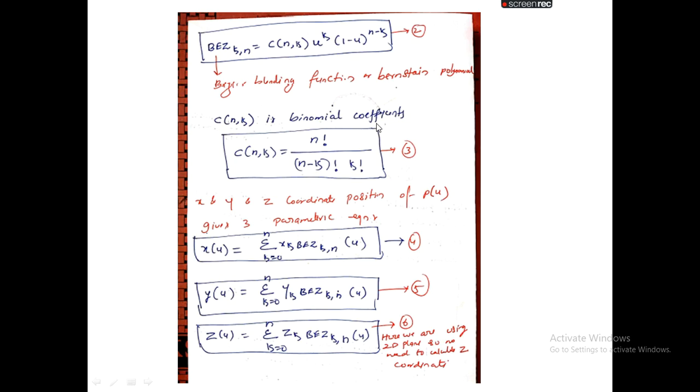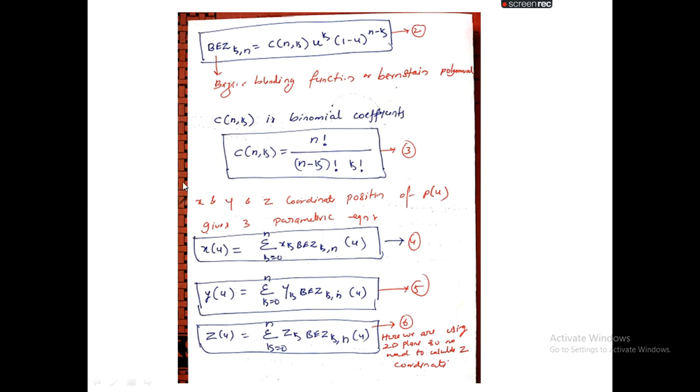C of n k is called the binomial coefficient. Try to see here, we are using a parametric equation. Inside the parametric equation, we are using a blended function polynomial, and inside the blended function polynomial equation, we are using a binomial equation.